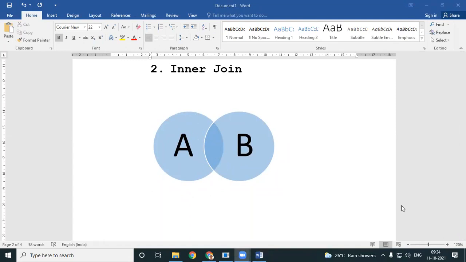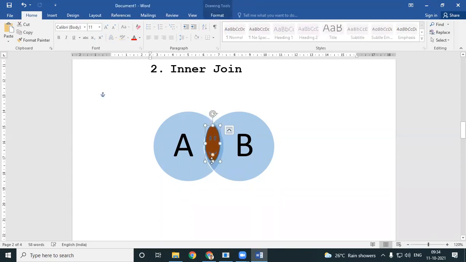Let's see, what do you mean by a common portion? So, if you look here, you have 2 tables, A and B. So this inside portion, like if you think mathematically, A intersection B. Okay. So this inside portion, you call it the inner join.